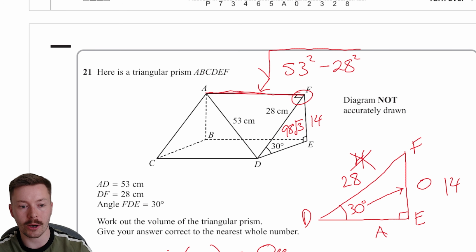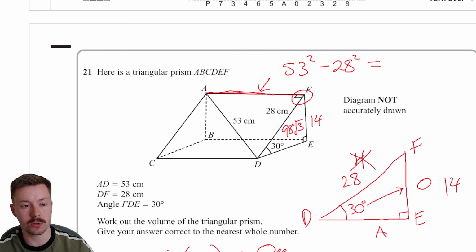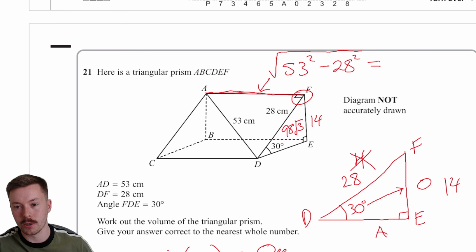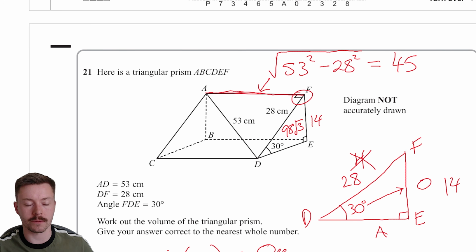Now, because I'm working out a shorter side in that triangle, i.e. not the hypotenuse, I am going to subtract. If I was working out the hypotenuse, I would add those numbers together. But obviously I'm not, because 53 is the hypotenuse. So, square root of 53 squared minus 28 squared gives 45. Again, a nice number, which gives me confidence that I've done that right.